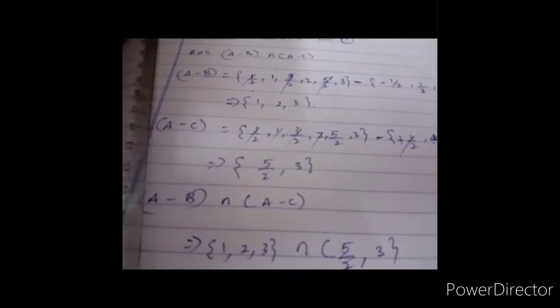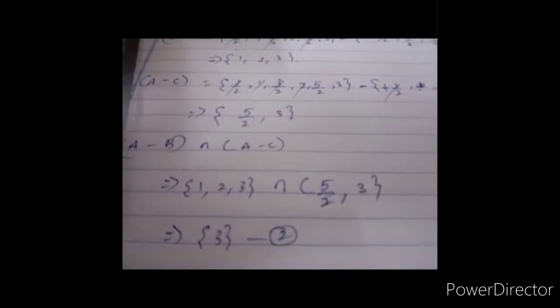Now, from both sides, A minus (B union C) is equal to (A minus B) intersection (A minus C) is verified.